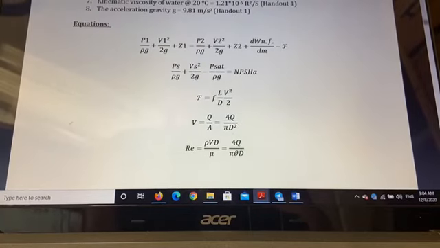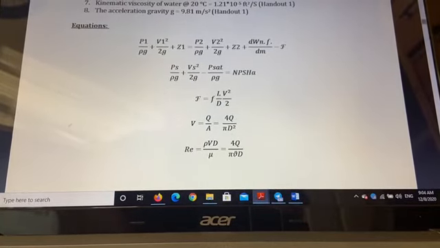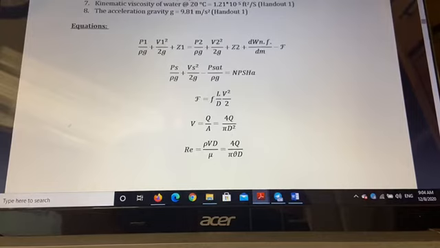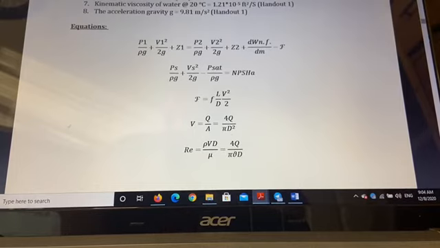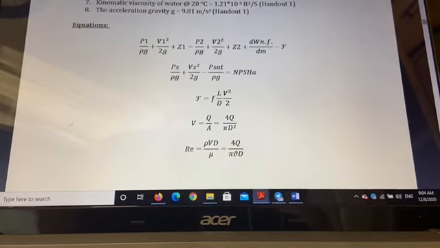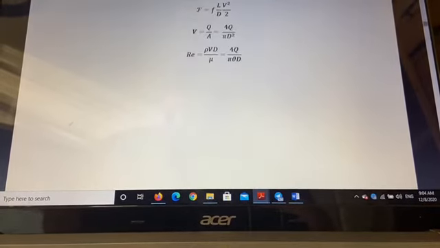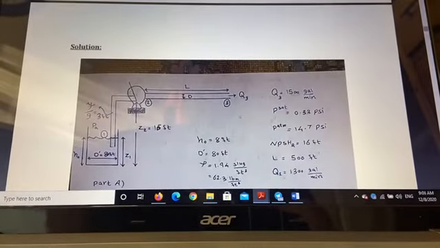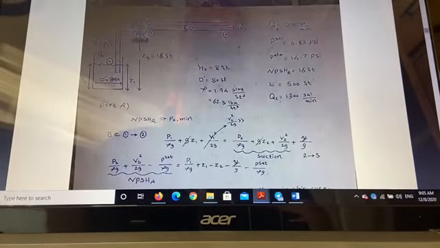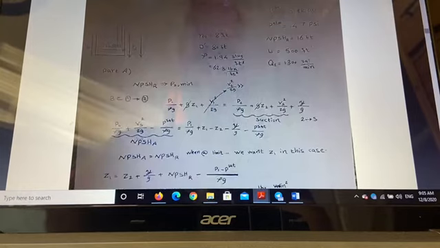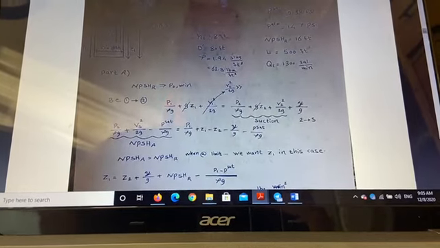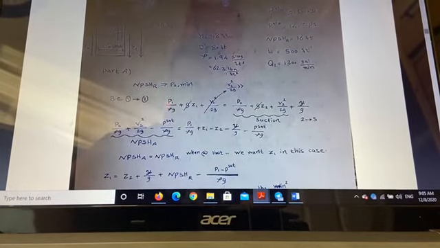The equations used are the Bernoulli equation with friction, the equation for friction, the NPSH available, and the Reynolds number equations too. A quick look at the solution. I have point 1 right here and point 2 here.